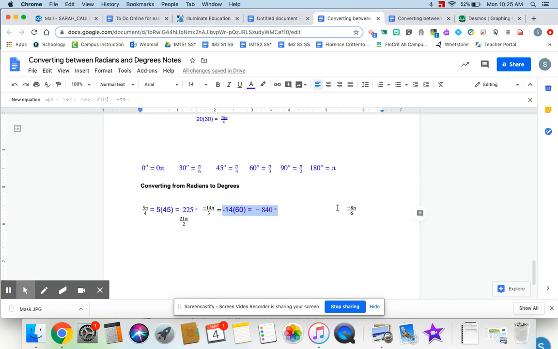And that's it. That's how you convert. Let me do a couple more examples real fast. Negative 8 pi over 6, so times negative 8. A pi over 6 is worth 30 degrees. So negative 8 times 30 ends up being negative 240 degrees.